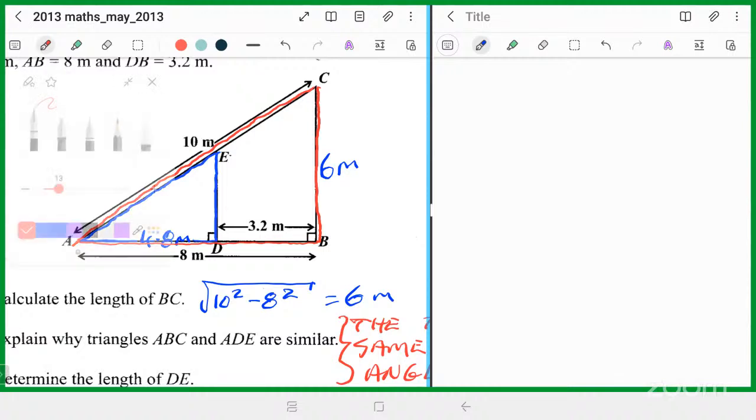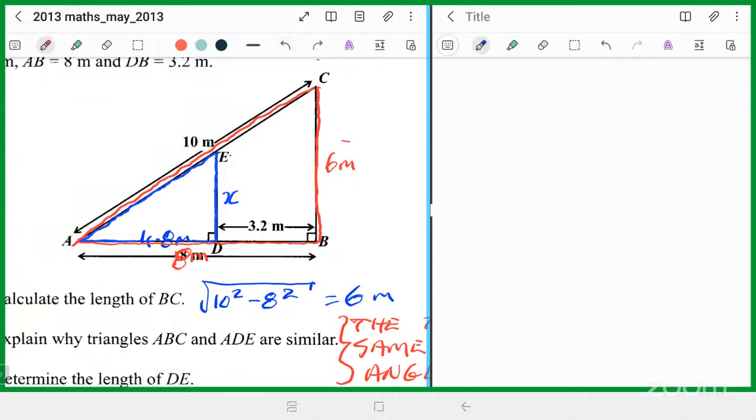So this 8 and this 4.8 are corresponding sides. And this side, let's call this one x, in the blue triangle. Let's write this on the big one in red. Let's write this long side in red as well.